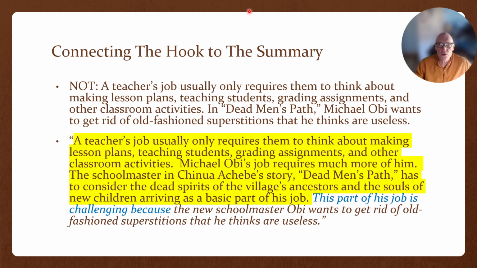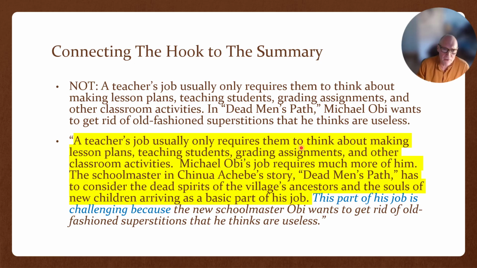So you want to make sure as you move from the hook to the summary, one thing that you want to think about is to connect the hook directly. You don't want to just open up with a hook that's interesting and attention grabbing, but doesn't necessarily connect with what comes after.